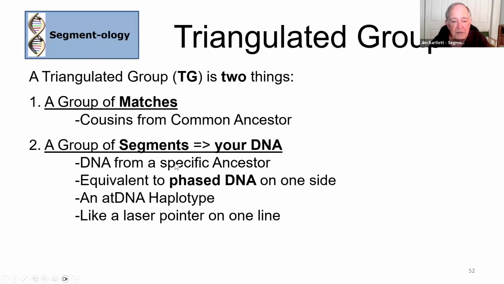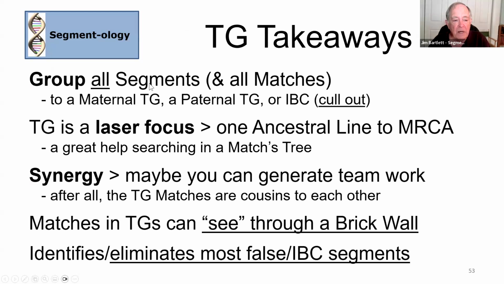Okay, the takeaway is you group all your segments and all your matches. I went through that 10 years ago. I had all my matches and all my segments arrayed by triangulated groups, on maternal side and paternal side, and a whole bunch of them in the lower levels that were culled out.